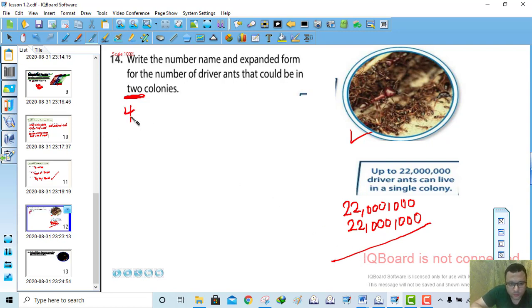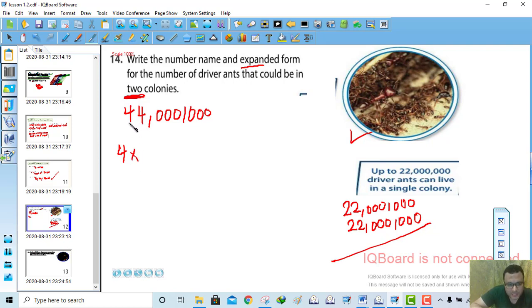We can just write, because 2 plus 2, as you know, 4. So the first one 4, the second one is 4. So we have 44 million. Okay, what we wrote here is standard form. We need expanded form, so we need to split it. So this 4 will be 4 multiplied by, because here we have millions and 10 millions.